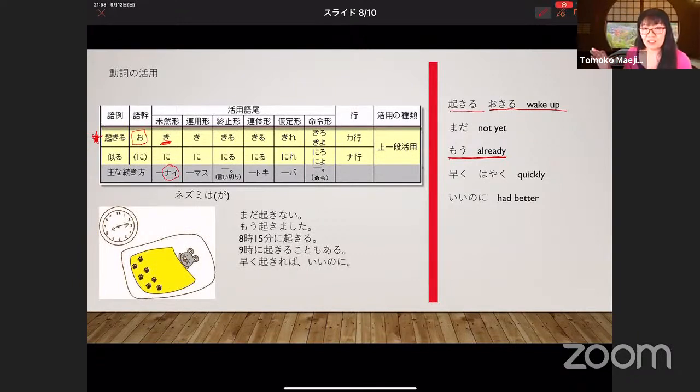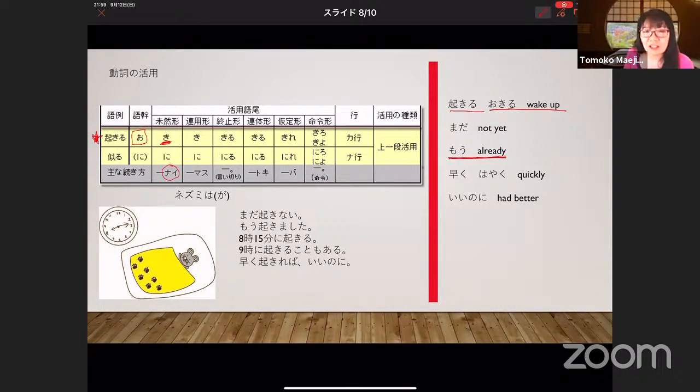Then next one, 早く, quickly. Then it's a conditional, so you conjugate with ば. And he had better wake up quickly.